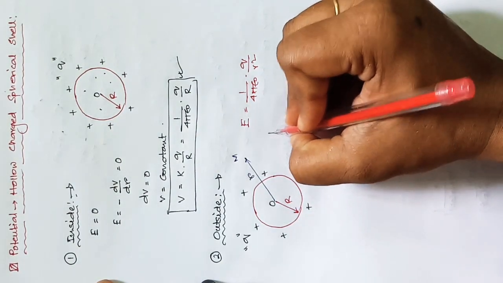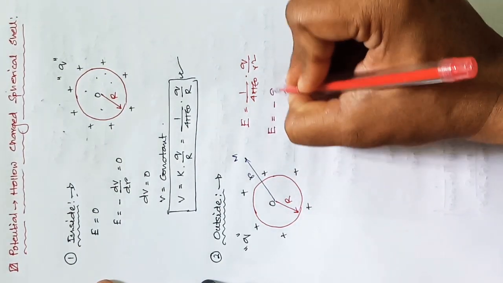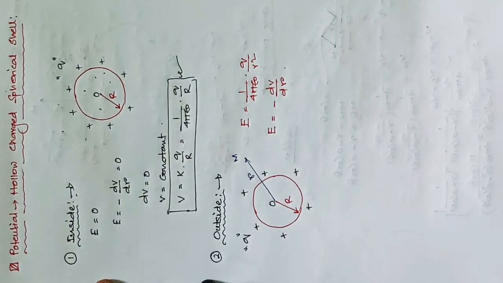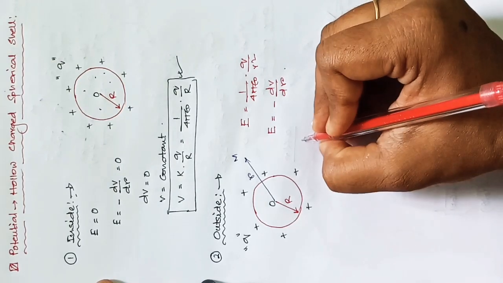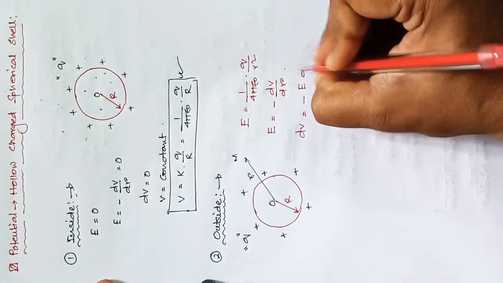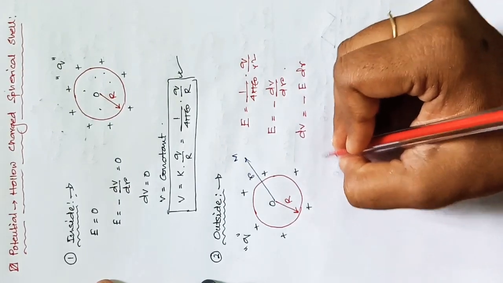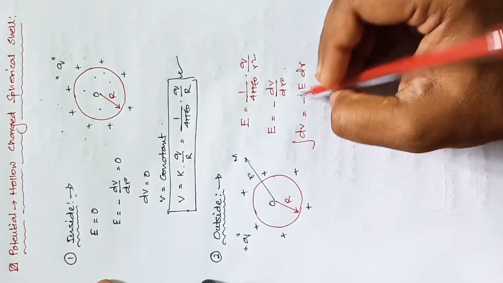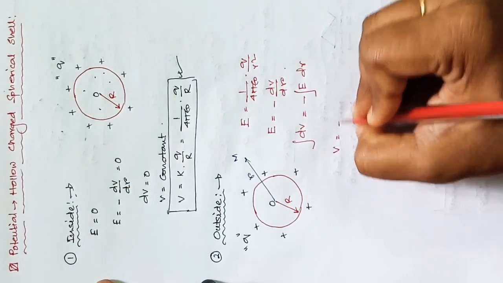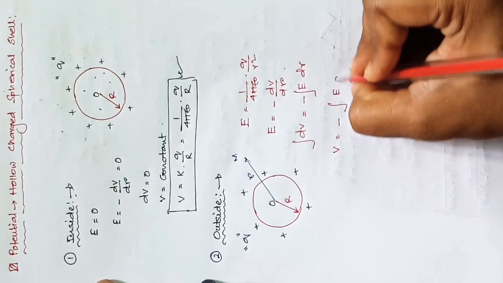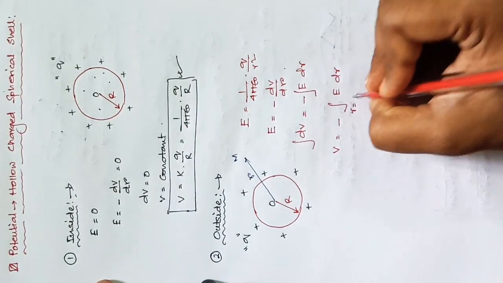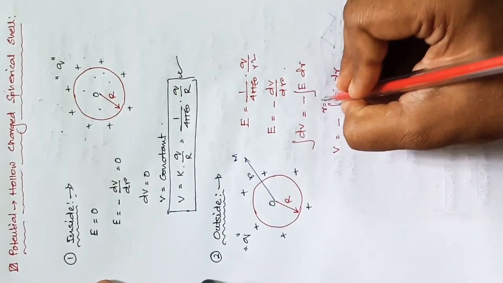Again we have the relation between electric field and potential, E equals to minus dV by dr. Now in this case we have to find out the potential. dV will be minus E dR. So integrating both sides we will have V equals to minus integration E dR. The limit of the integration will be r equals to from infinity to r equals to R.